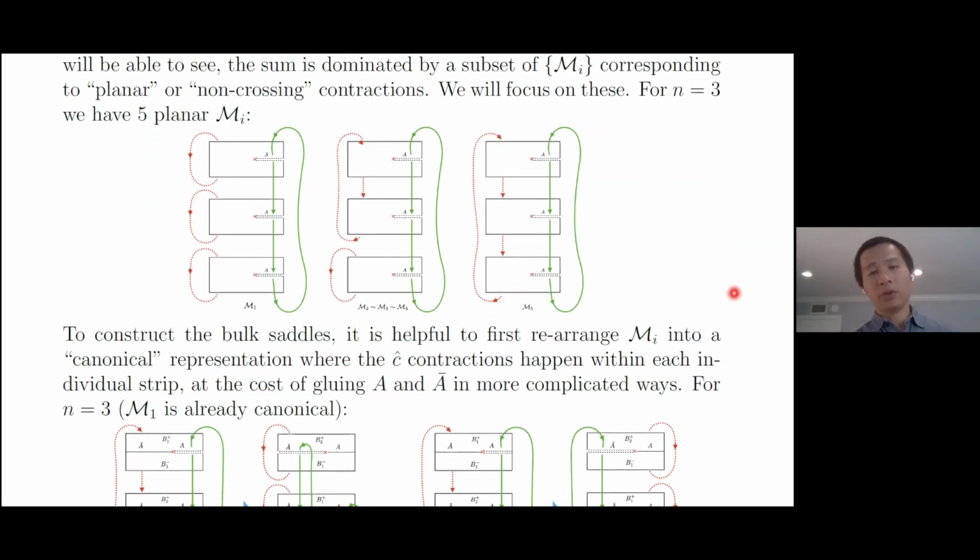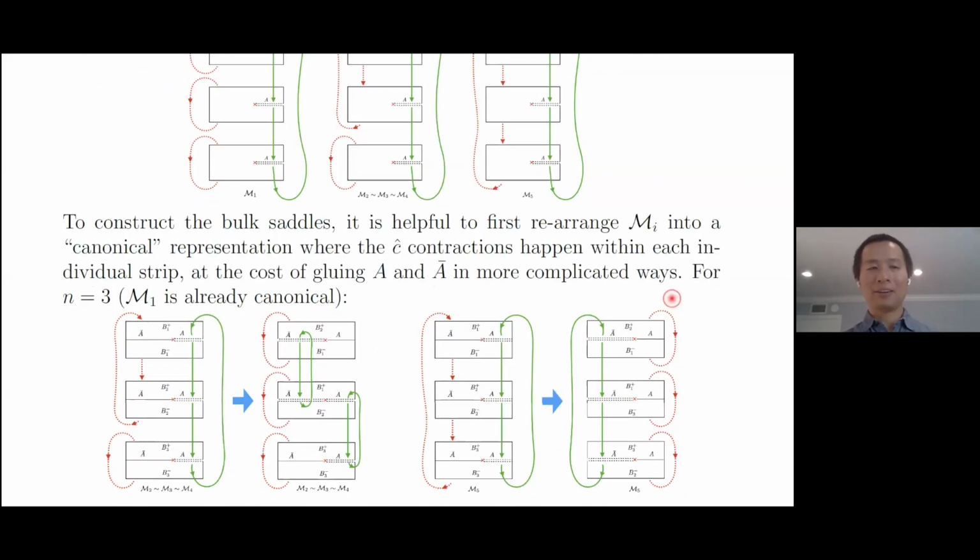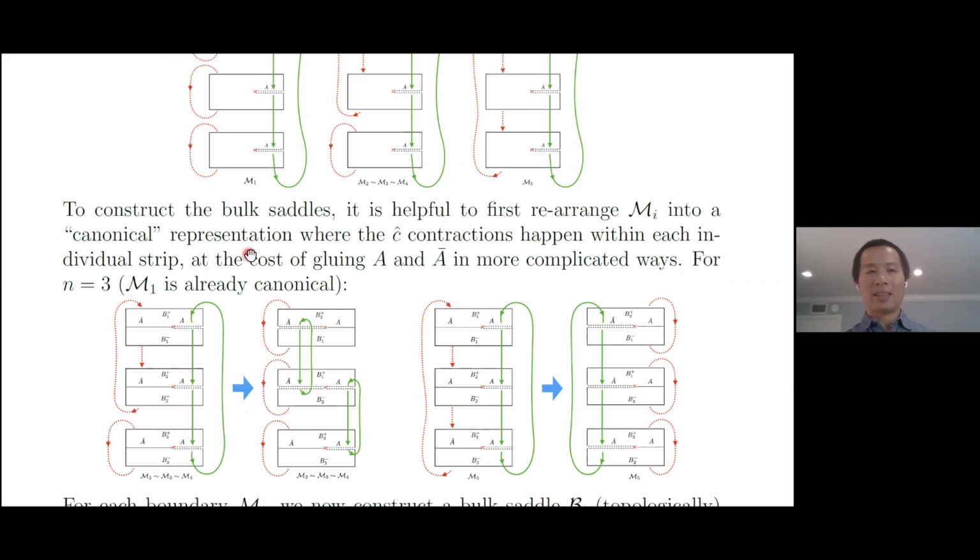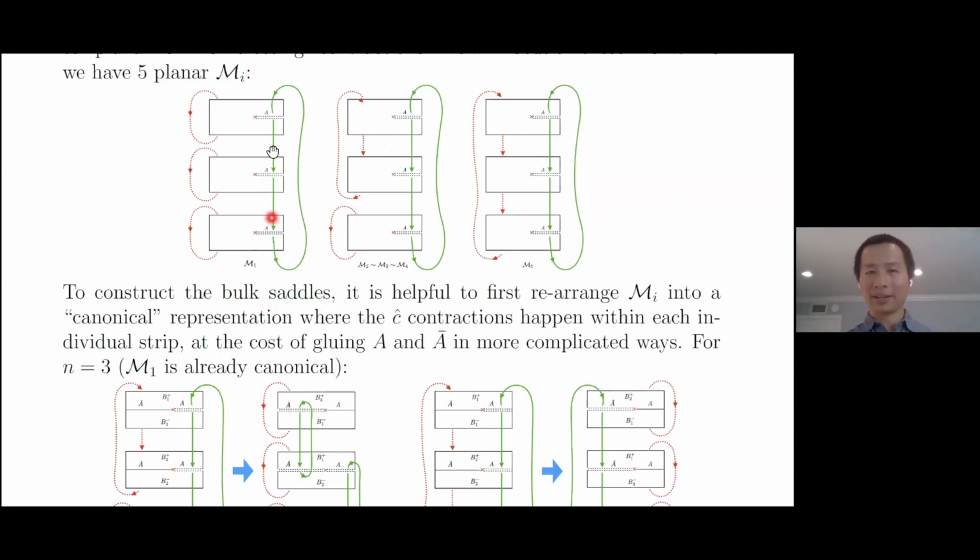What we will do, we will have to construct bulk saddles with these boundary conditions. So it is very helpful to first rearrange these manifolds into a canonical representation where the C hat contractions happen within each individual strip. The cost of doing that is that the gluing on A and A bar will be very complicated. So for example, if we do n equals 3, then M1 is already canonical.